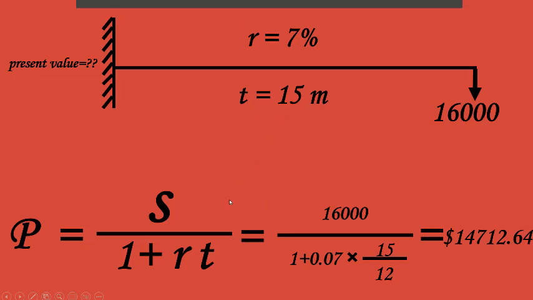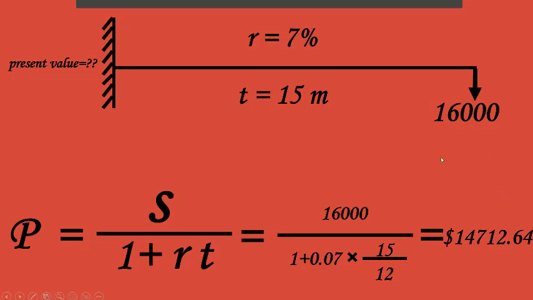We know that the time must be corresponding with rate, so it's an annual rate, so we must divide 15 months over 12. So the present value equal to 14,712.64.